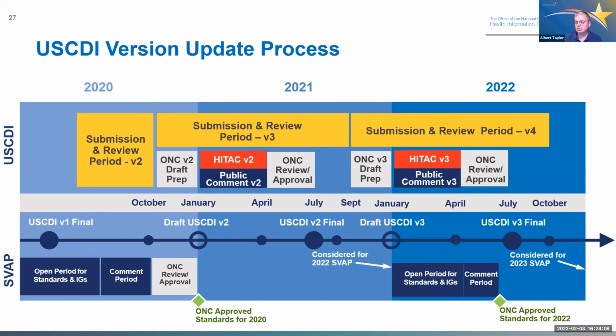Once that's finalized and the standards to exchange USCDI v3, the US Core and the CCDA, are updated, all three will again be considered for the standards version advancement process in the following year. And that is all I had for USCDI.